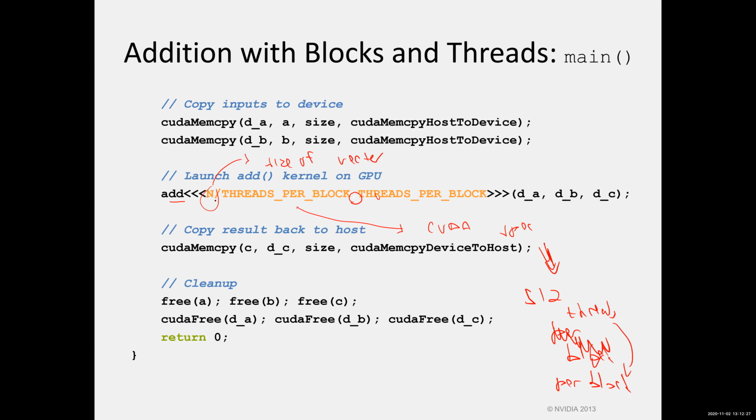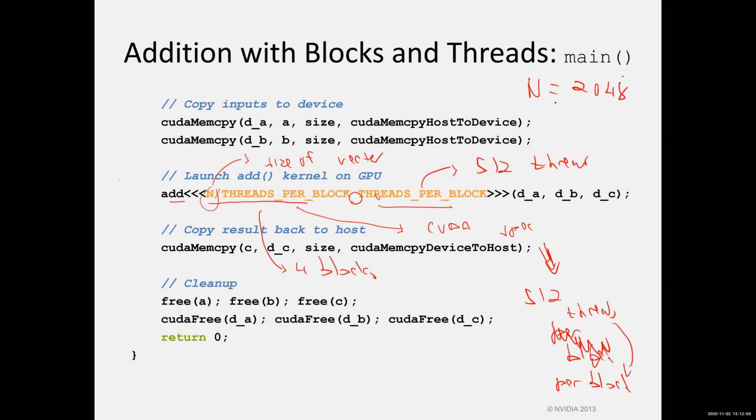So in this case your n must be very large, larger than 512. You divide by the threads per block. Let's say your n is 2048, 2048 divided by 512, which means I'm having 4 blocks over here. And then one block contains 512 threads.